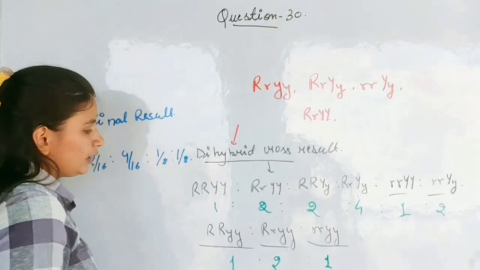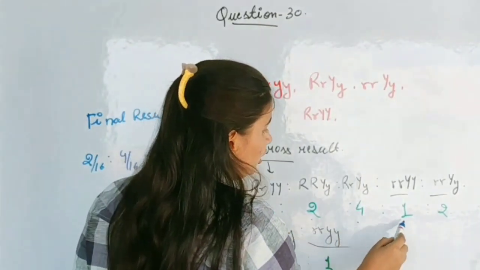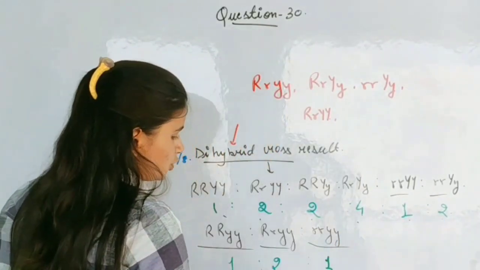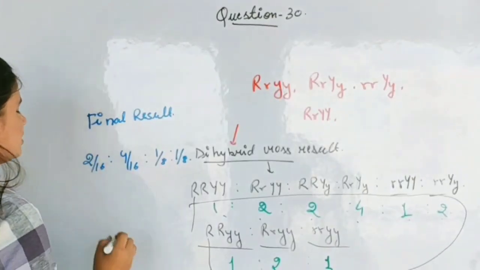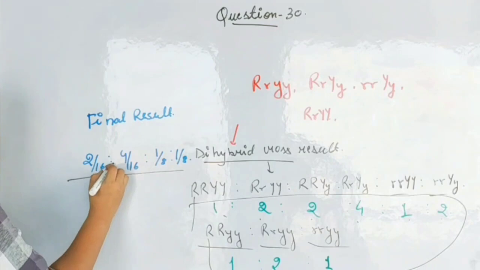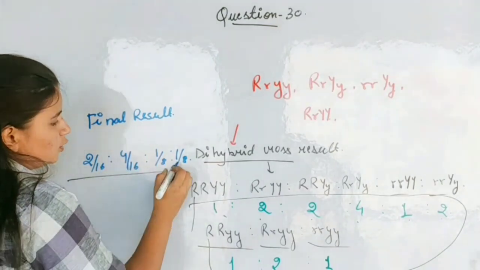So if we look at the ratio, it is 1:2:2:4:1:2:1:1. Now if we compile all this, the final result is going to be 8 by 16 is to 4 by 16 is to 1 by 8 is to 1 by 8.